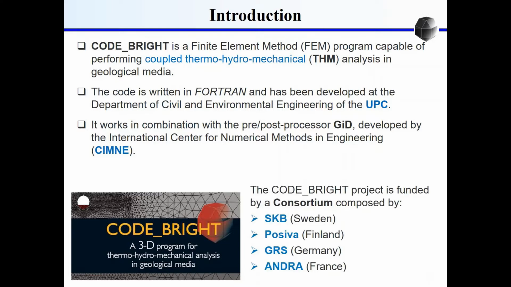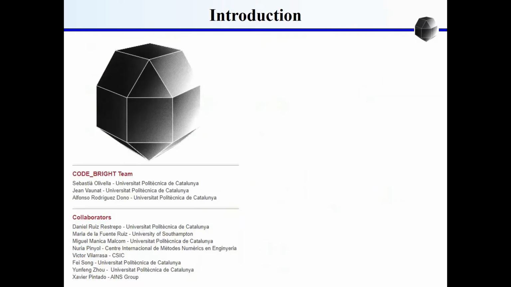The CodeBright project is funded by a consortium of companies composed by SKB from Sweden, Posiva from Finland, GRS from Germany, and Andra from France. The CodeBright team is composed by Sebastião Oliveira, who started the code, Jan Bonat, and myself, Alfonso Rodriguez Dono.